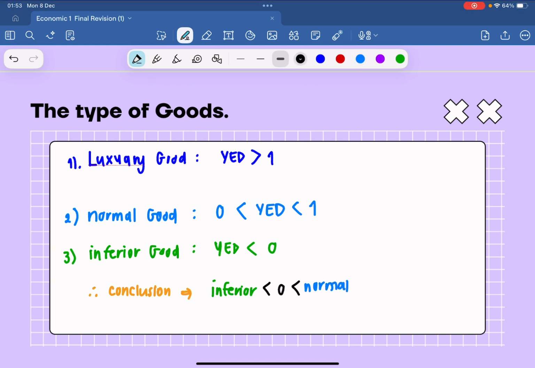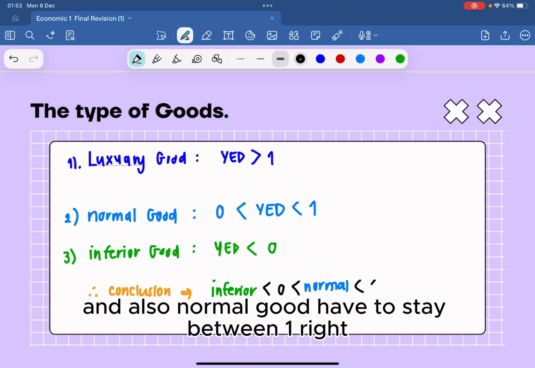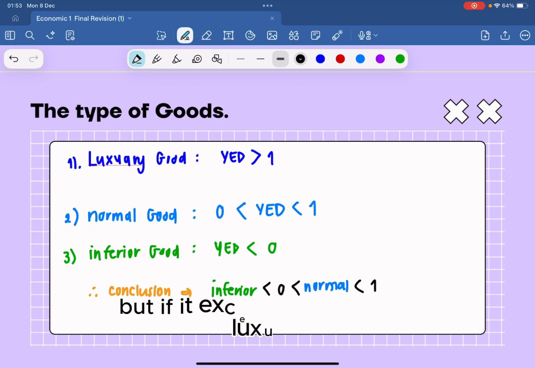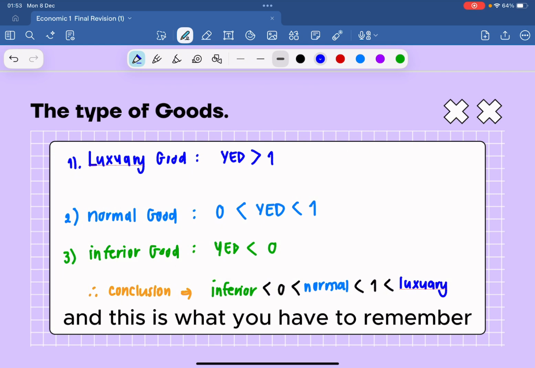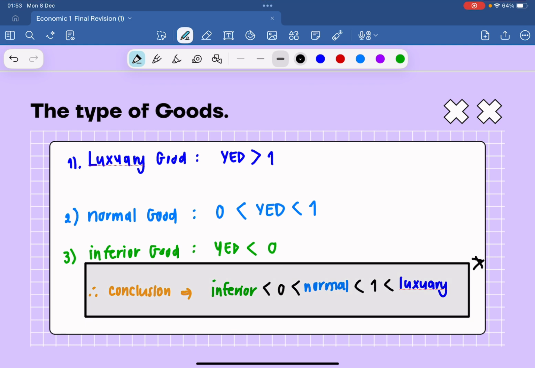Okay. But if it exceeds 1, then we would call that a luxury good. And this is what you have to remember. Important. Very, very important. Must remember.